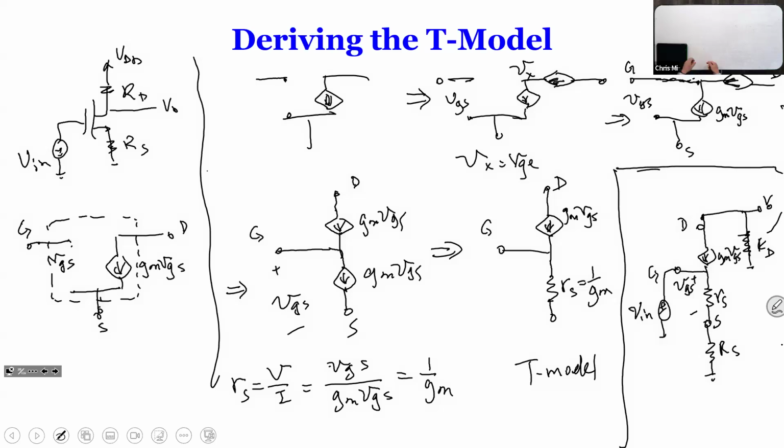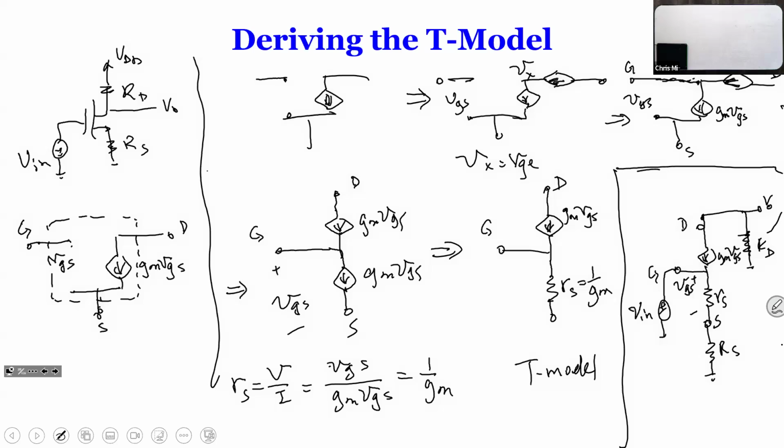So our current is coming from ground to RD, and so here and all the way here to ground. And your current also comes here.